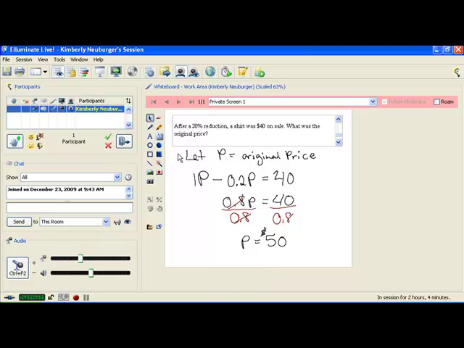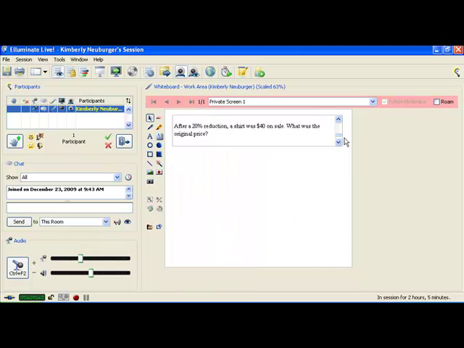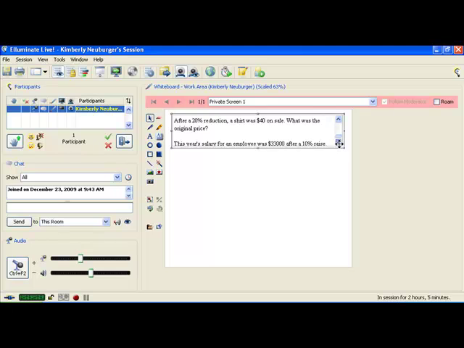Now, let's take a look at one that's similar to this kind of situation, but is another one that people typically do incorrectly. And this one's dealing with a salary.